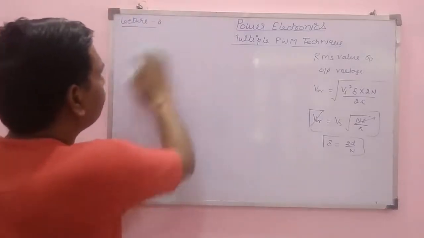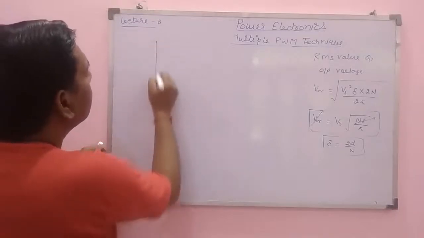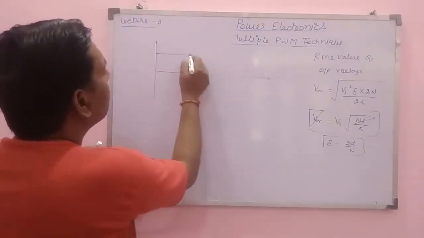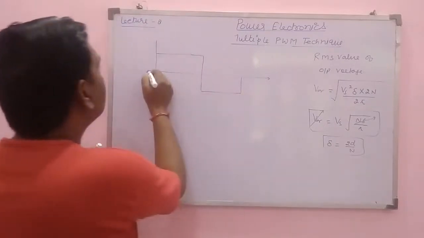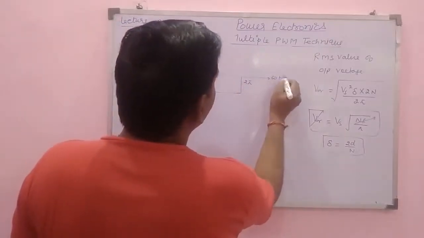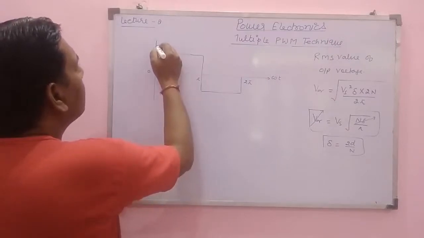Suppose this is a reference wave like that. This is the reference wave, this is 0, this is pi, this is 2 pi, and this is omega t. And we are taking it like that here.